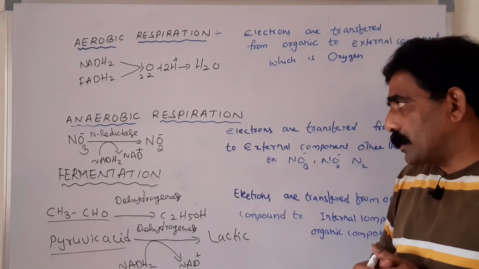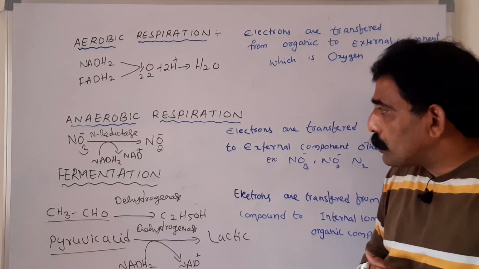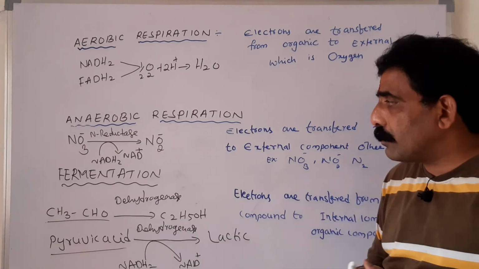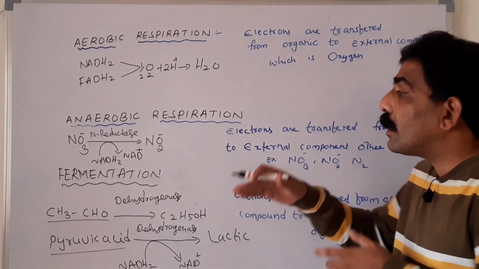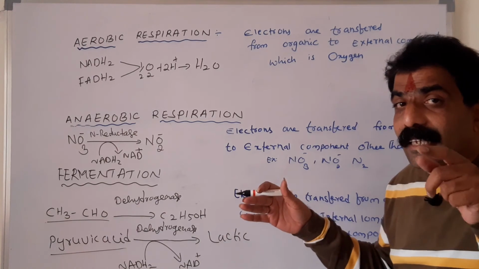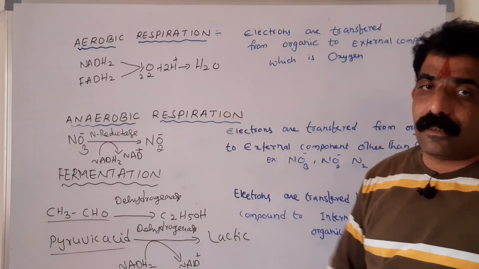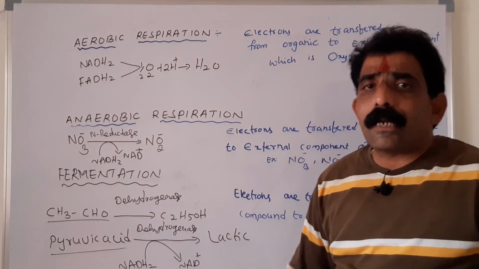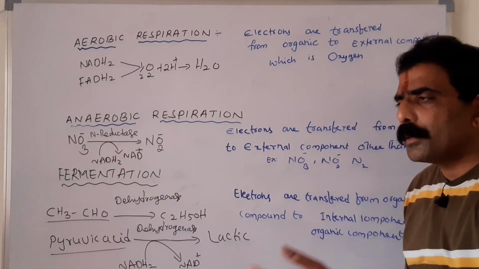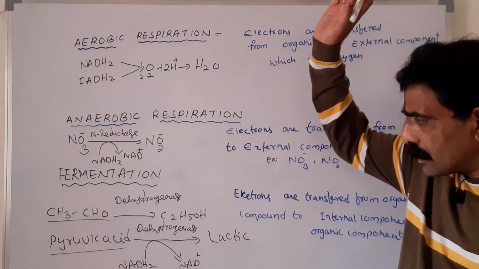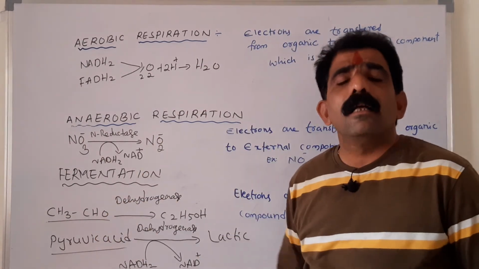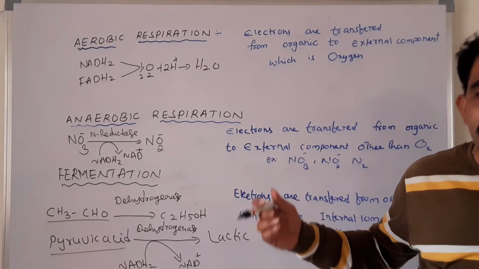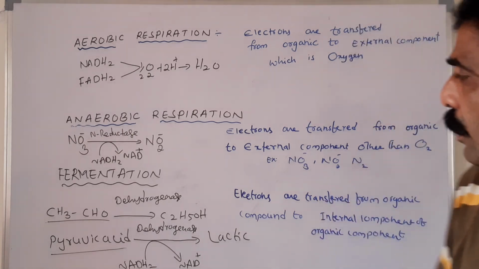Coming to anaerobic respiration, it is a process in which electrons are transferred from an organic compound to an external component, which is inorganic and other than oxygen. And coming to fermentation, electrons are transferred from organic to organic, from glyceraldehyde 3-phosphate to either acetaldehyde or pyruvic acid. If electrons are transferred from organic to organic, such a process is said to be fermentation.